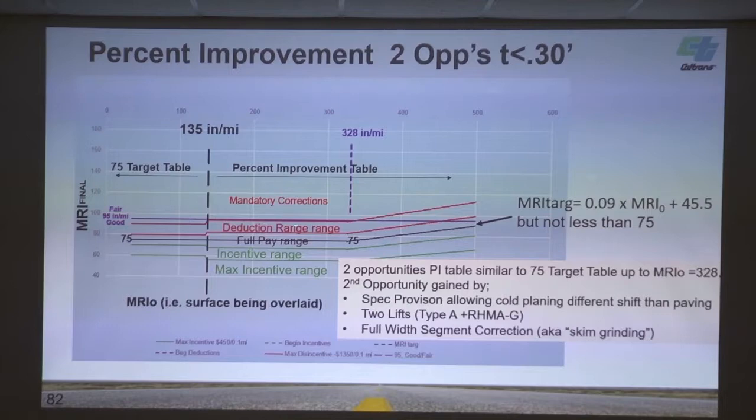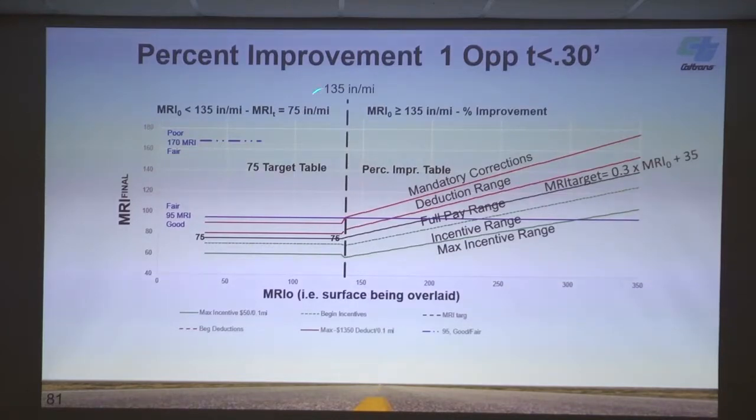So in most cases, contractors are probably going to be paving into incentives. Going back to one opportunity, in the past we might have been overlaying a road that was 250 when we told the contractor they had to pave to 75. And they file a claim. They say it's not reasonable. Well, these specs account for that now.